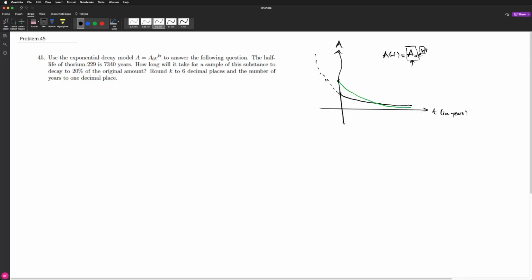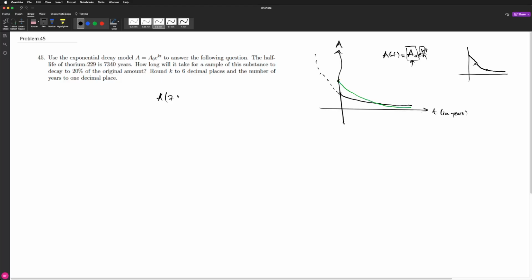In general, you need at least 2 points, and if you give me 2 points on the graph of a decay function, that's going to determine those two numbers. I need 1 point to figure out k, and I have it. It's in the definition of the half-life. So what are we given?